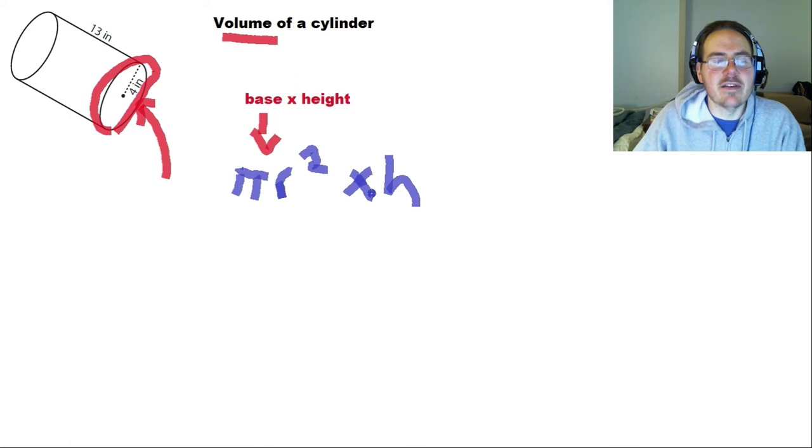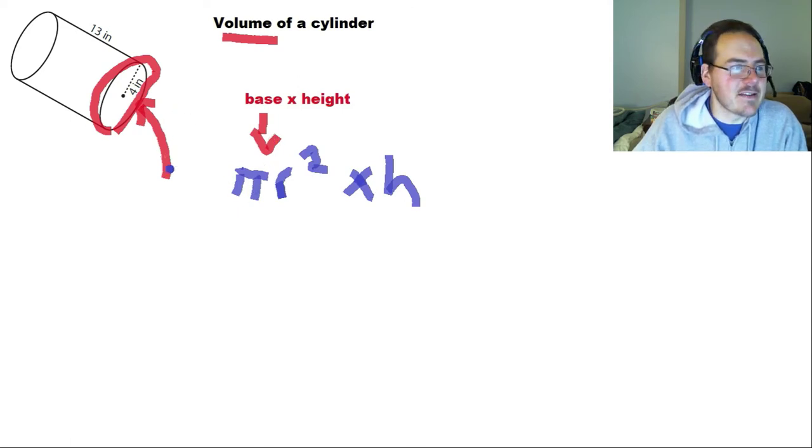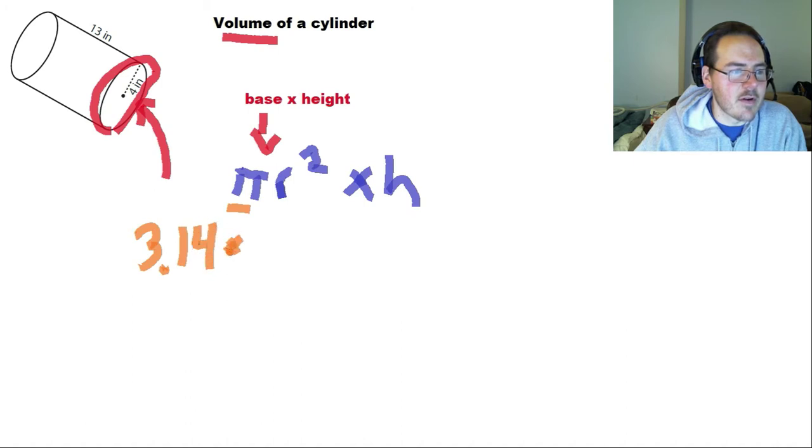That's it. So in this case, it looks like we've got pi. So we're going to do 3.14 times the radius. And it turns out the radius is right here. It's 4 inches.